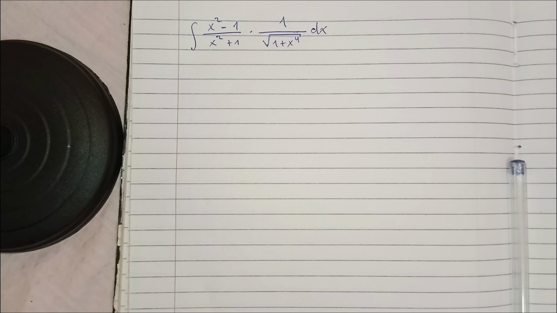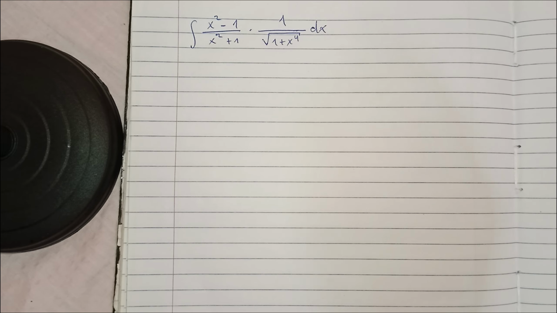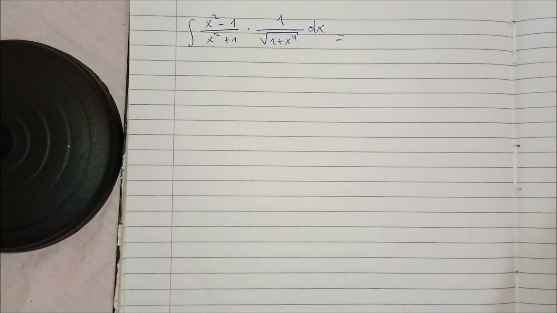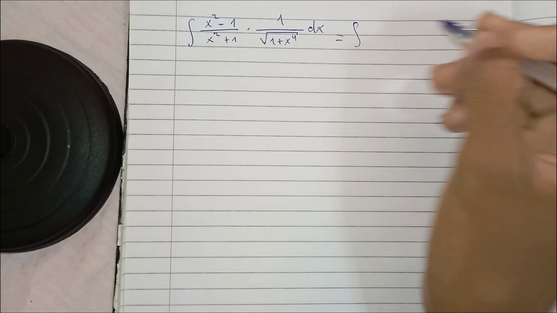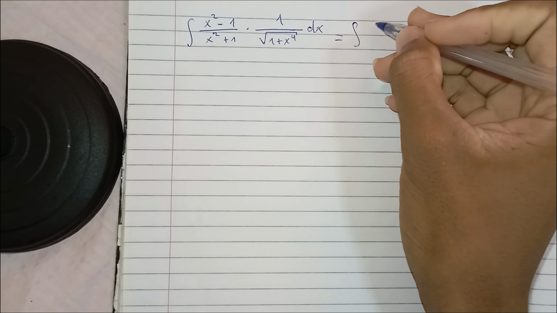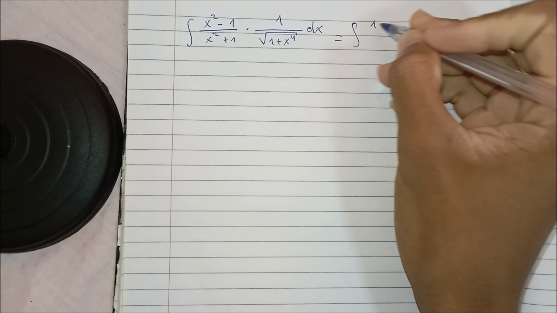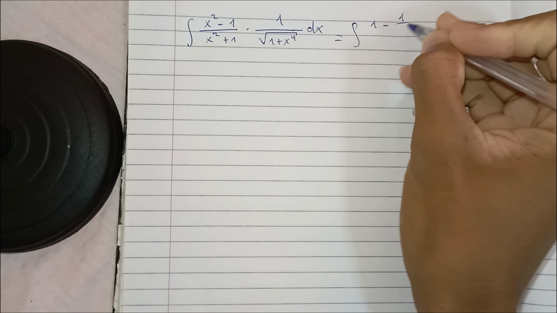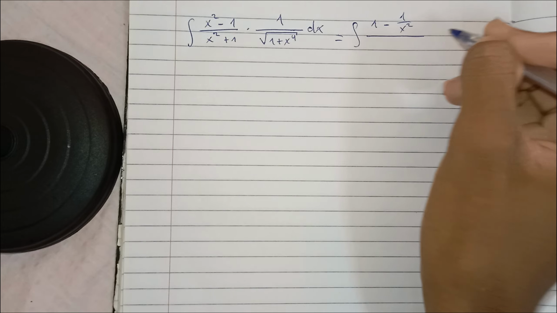So first of all, I'm going to do something. I don't know whether you have thought about this before. I'm going to divide both the numerator and denominator by x². So if we divide this, what do we get? We get 1 minus 1 over x², right?